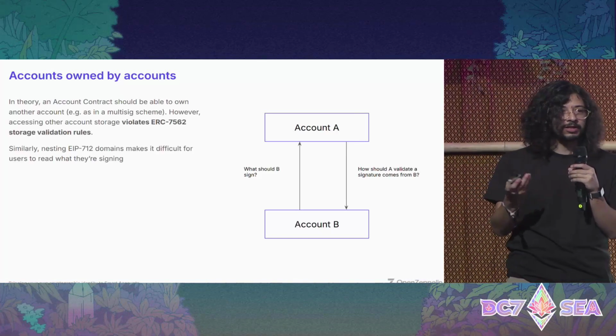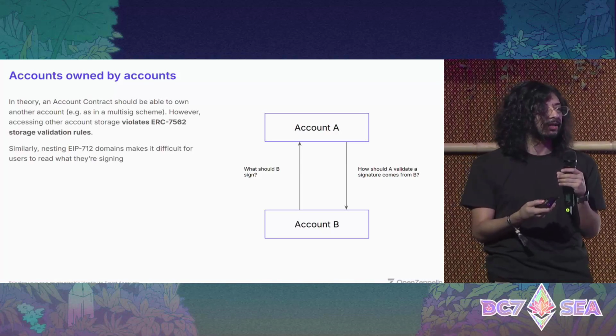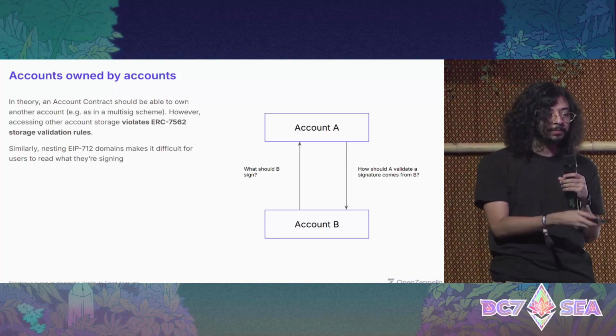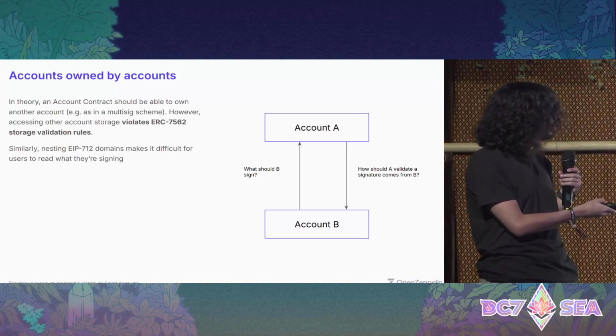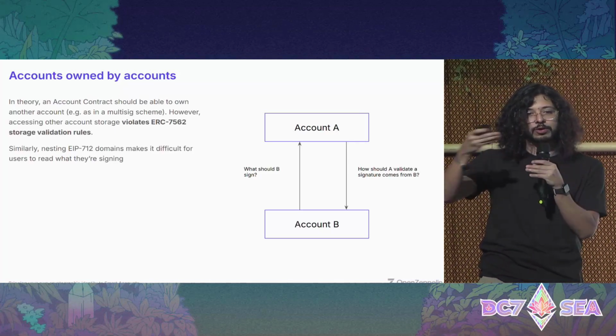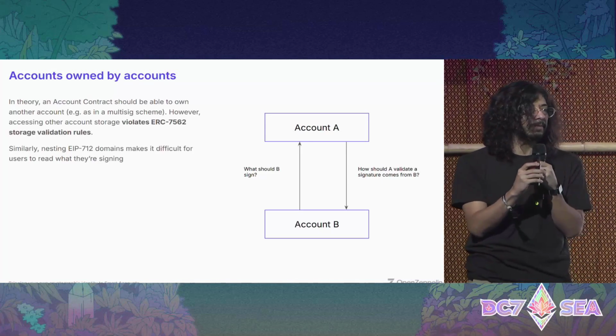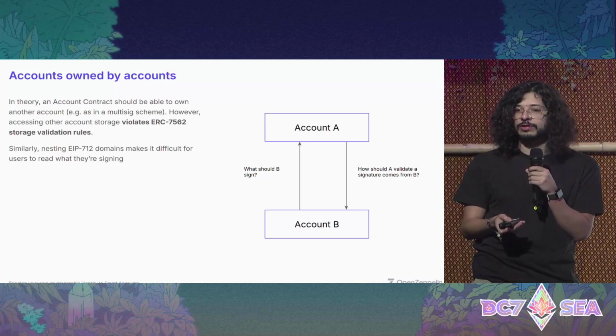So it's starting to become a mess in this way, and it's becoming opaque for whoever is signing this on their user side, okay? Second issue, how should we validate from A that the signature is correct from B, right? Because this has to do with storage validation rules in 4337.